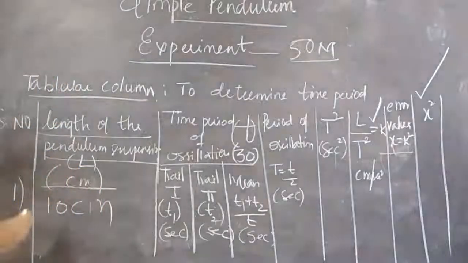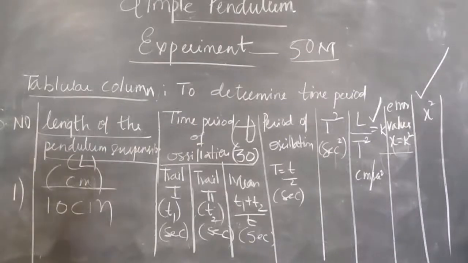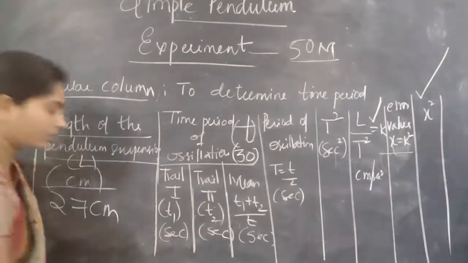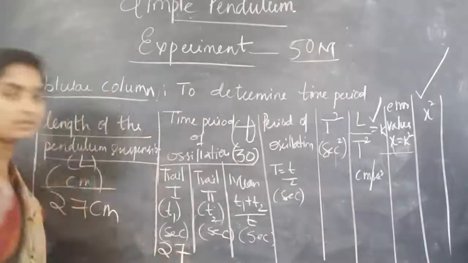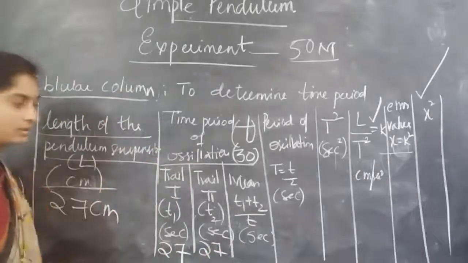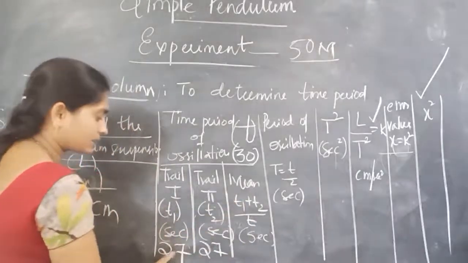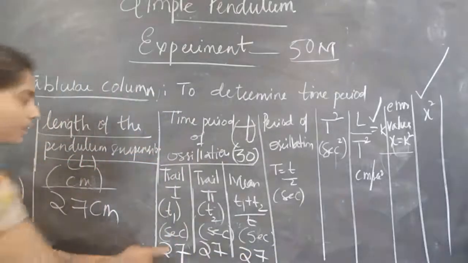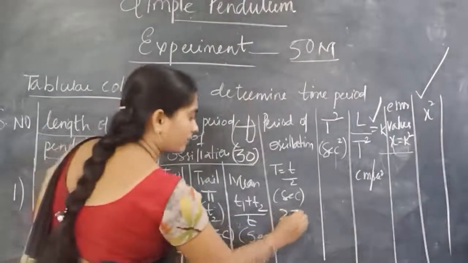So you see here, the value we have got from the experiment is 27 centimeters. What is the value of time we have noticed? 27 seconds for the first trial. Next one, 27. The mean of this is 27 plus 27 by 2, which is 27. Again, T by 20, 27 by 20.